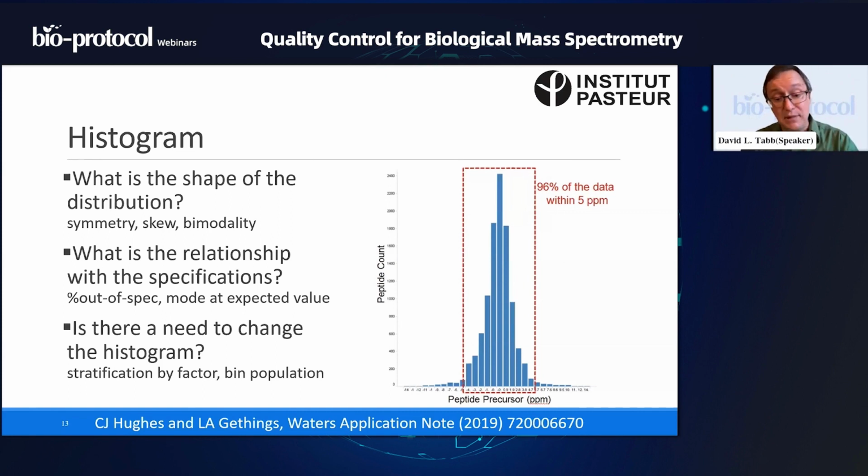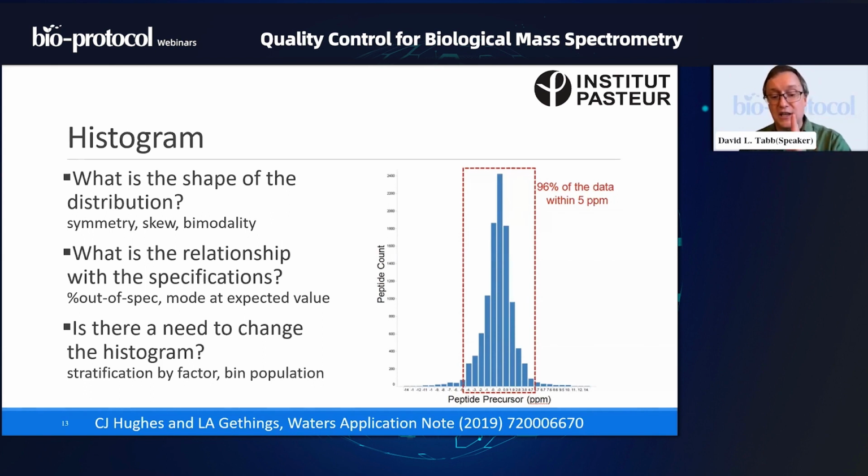Okay, if that happens on something like mass error, you might ask why. It might be that you're mixing together different experiments that have different kinds of mass error in them. Okay, what is the relationship with the specification? Remember that one of our checklists, our check sheets, was to ask, is this value within the specification or does it fall outside the specification?